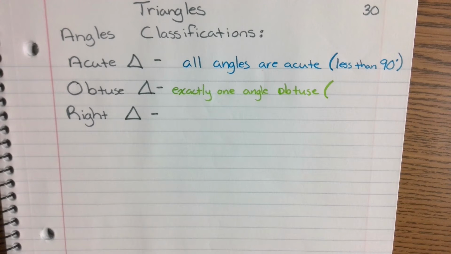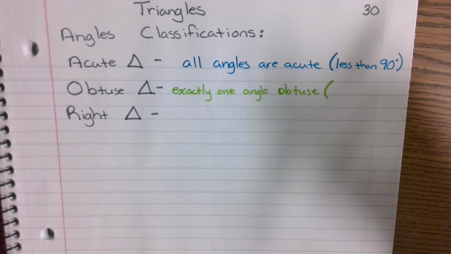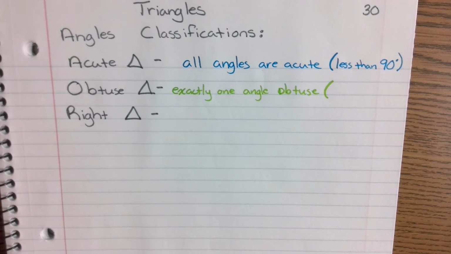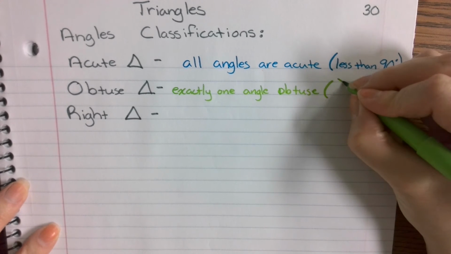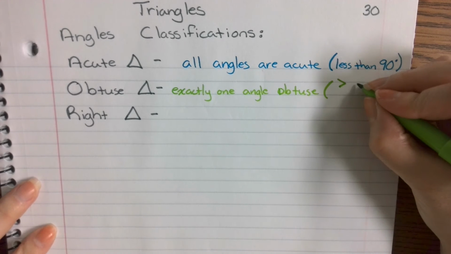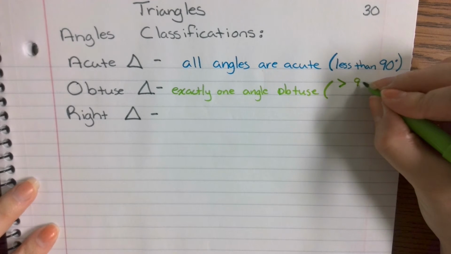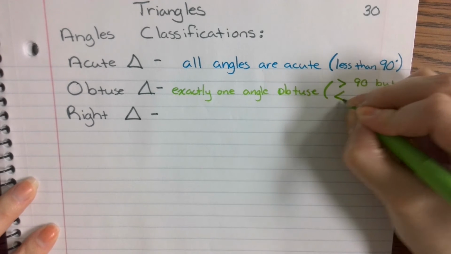Big, right? So what's the definition for an obtuse angle? Greater than 90 degrees, but less than 180.